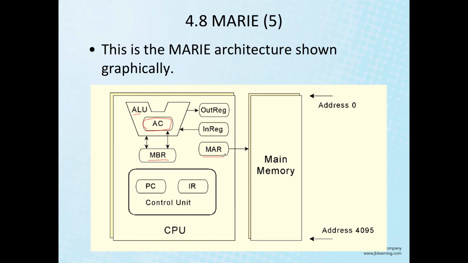The MAR, the memory address register, points to the location of the cell in the memory. The program counter is the address of the instruction to be executed next. The instruction currently under execution is in the IR register. And you have an input and output register as well.